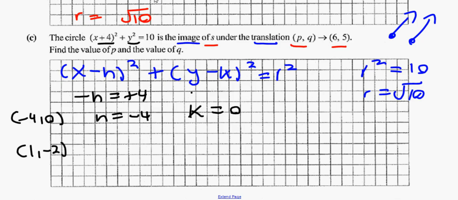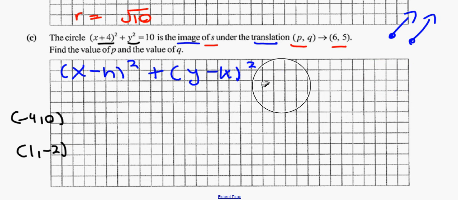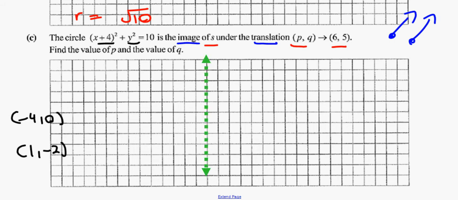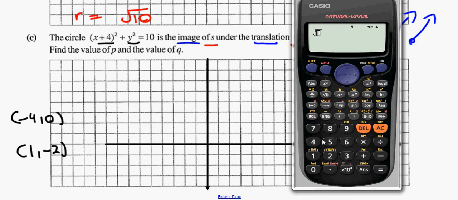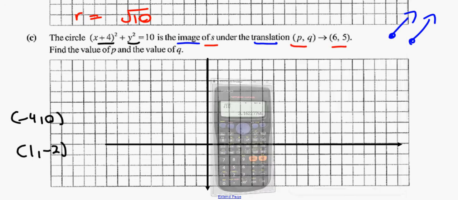So if you can imagine, we just draw these for a minute and draw an xy axis here. Now √10 in the calculator is about 3.16, so just bear that in mind.